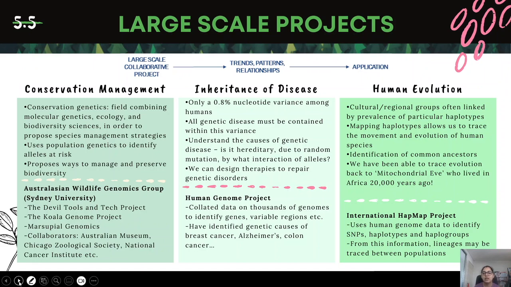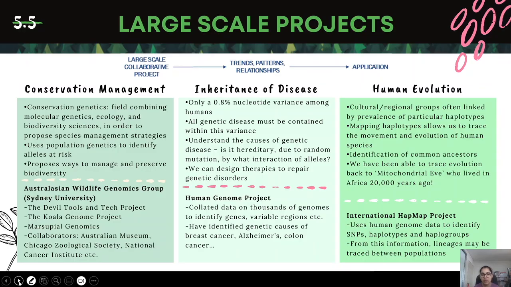They do that in order to collect data, research the patterns and the relationships, and then put in these collaborative projects in order to preserve these alleles that are going extinct. We can also use these technologies to look at the inheritance of disease.